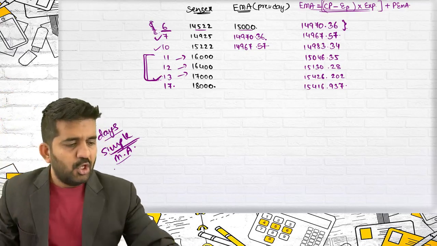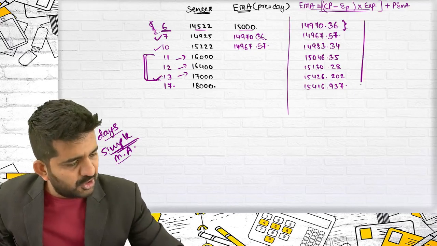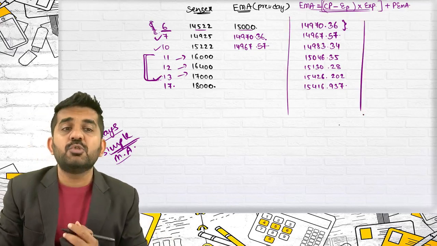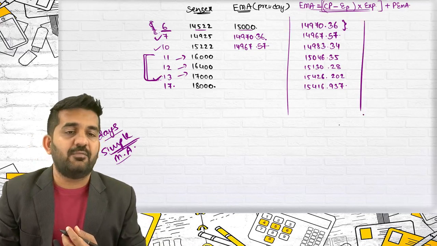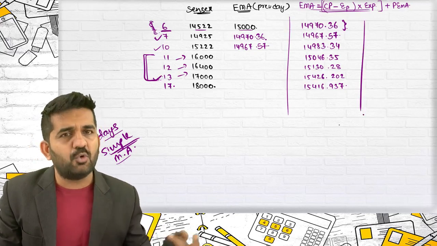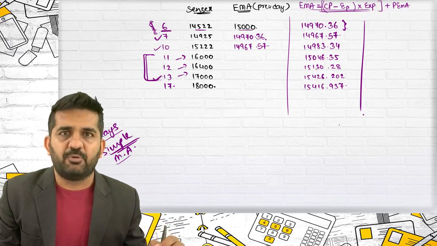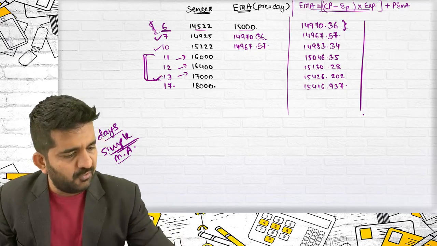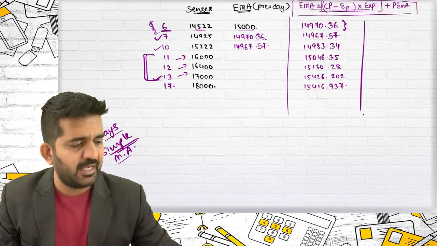Is it correct? So this is nothing but exponential moving average. How it is used in the stock market, that also I will be explaining to you. First, let me once again solve one more question of exponential moving average, so that the calculation of exponential moving average becomes absolutely simple and clear.